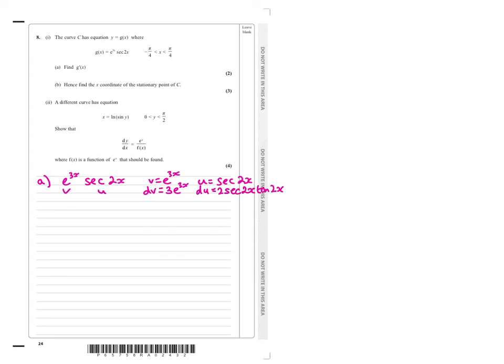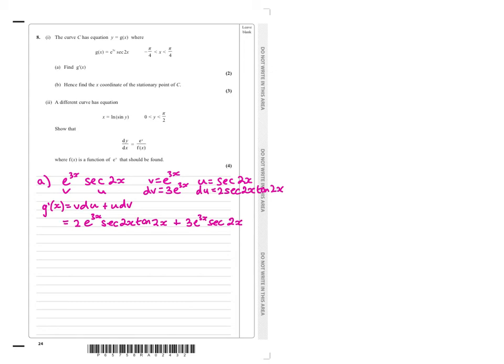So to find the differential, we need to do v du plus u dv, which is going to be 2e to the 3x sec 2x tan 2x plus 3e to the 3x sec 2x. So nice and easy, 2 marks.